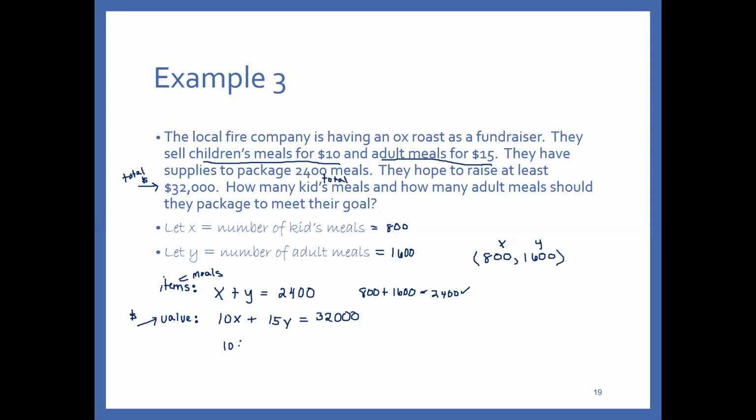So if I take 10 times 800 plus 15 times 1,600, so 10 times 800 is 8,000, and 15 times 1,600 is 24,000. And then if I add those together, that does equal 32,000, exactly like I wanted. And so that one also checks.